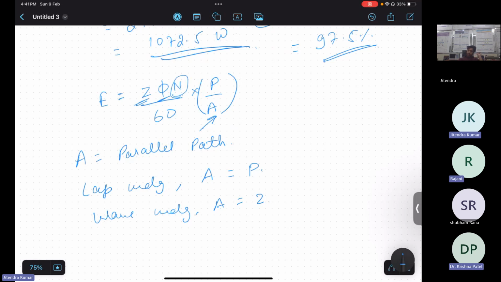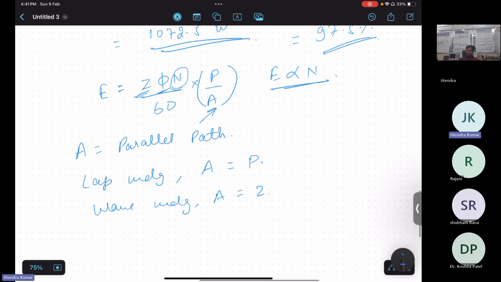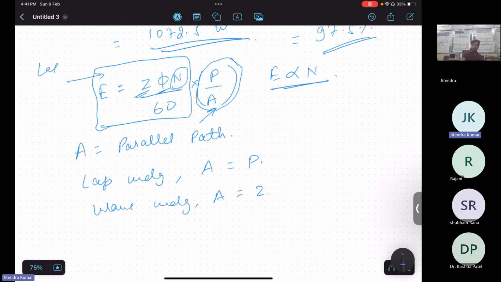So you can see that E is directly proportional to the speed of the machine, divided by 60 into the number of poles divided by parallel paths. This factor is eliminated for lap winding because P is equal to A, so for lap winding you just go ahead with Z phi N by 60. From here you can calculate the total induced EMF, and the induced EMF per conductor also.